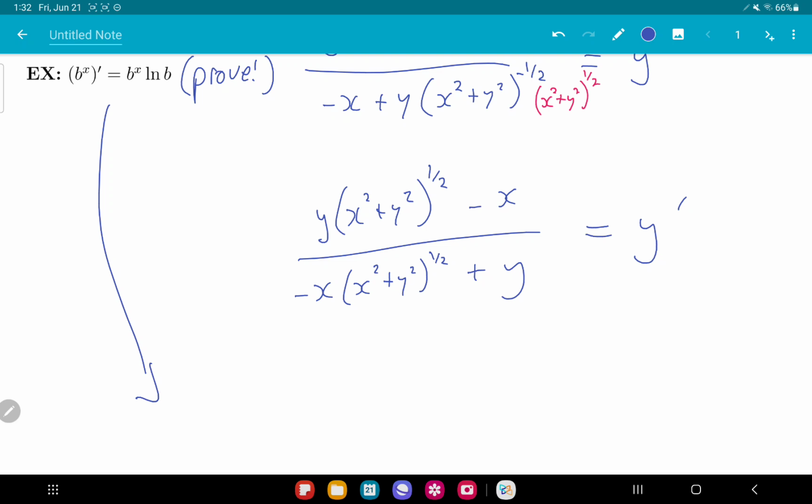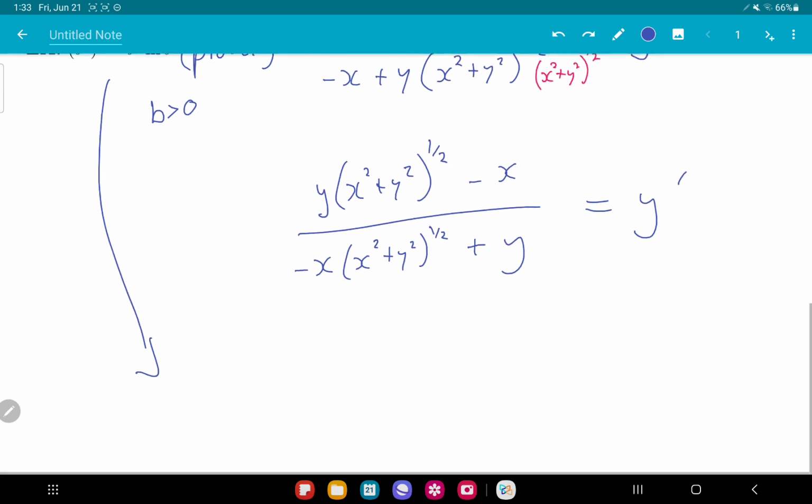We should be assuming that b is bigger than 0. Otherwise, these exponential functions get very strange indeed. So what are we going to do? Well, we're going to start with y is equal to b to the x, and then try to find y prime.